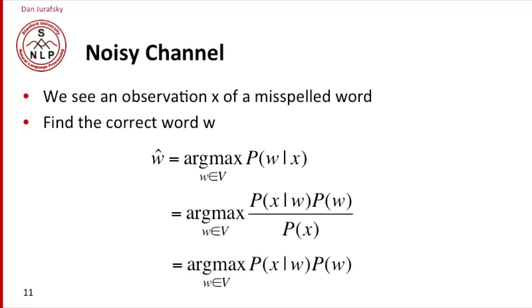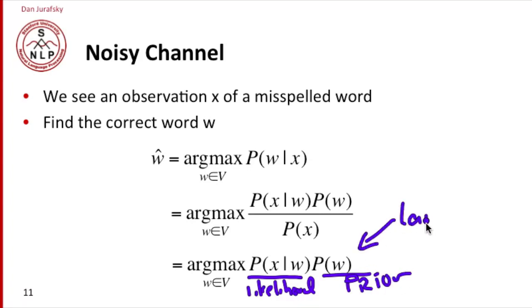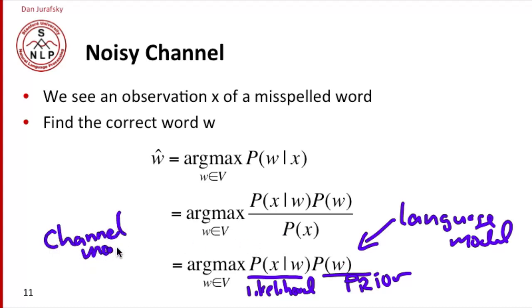So that means that the noisy channel model comes down to maximizing the product of two factors, the likelihood and the prior. We generally call this term the language model. And you've seen language models before. That's the probability of the correct word, W. And this likelihood term, we often call this the channel model, or sometimes the error model.